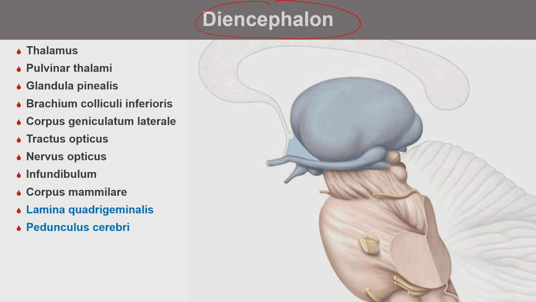So a prominent structure which is seen here dorsally. Dorsally we have a pulvinar. Below the pulvinar we can see the pineal gland. Below those structures are structures from the mesencephalon. It is a quadrigeminal plate.